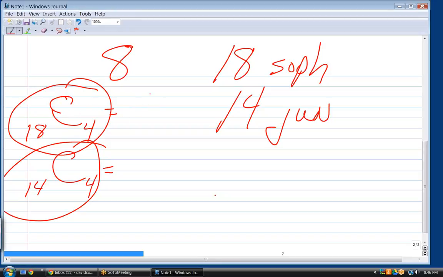Well, in other words, we know for this committee, we're going to have to choose 4 sophomores out of 18 without regard to order. So it's 18 choose 4. What's that number? 18 choose 4 is 3,060.